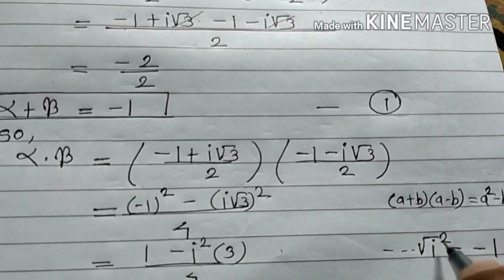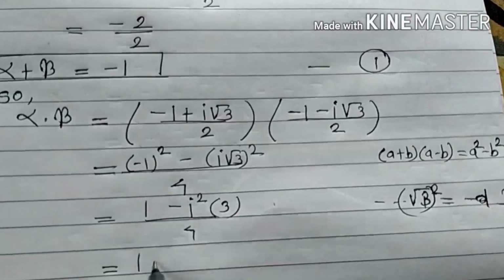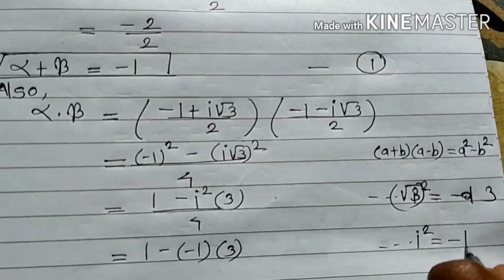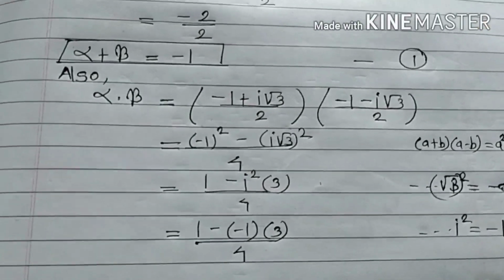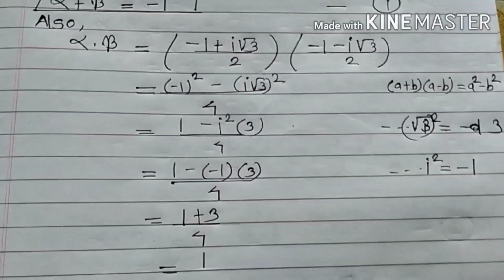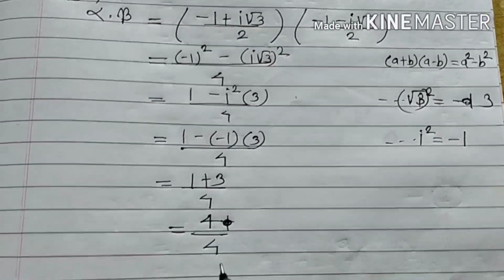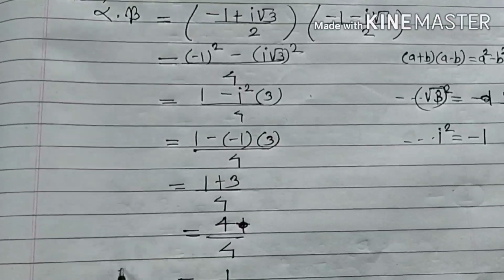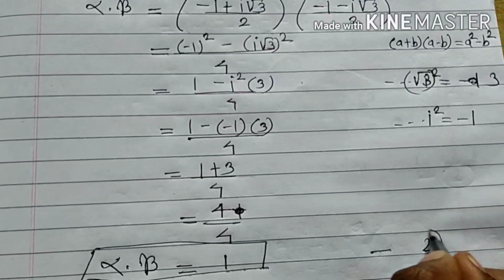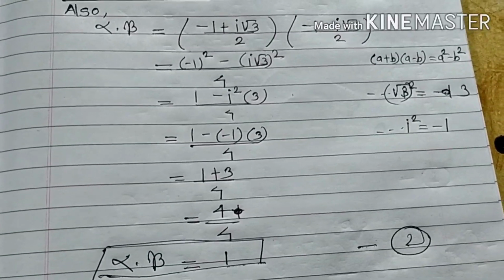So it is 1 plus 3 upon 4, which is 4 upon 4, so it is 1. Means alpha dot beta is equal to 1. Give it equation second. So alpha plus beta is equal to minus 1 and alpha dot beta is equal to 1.